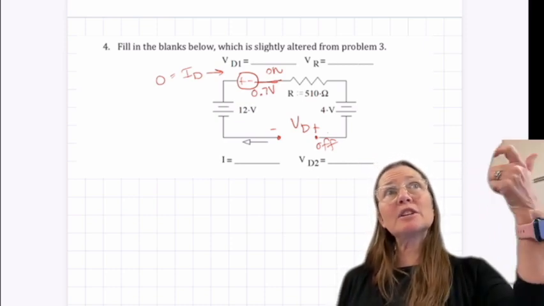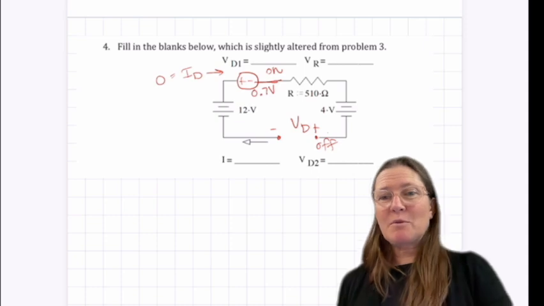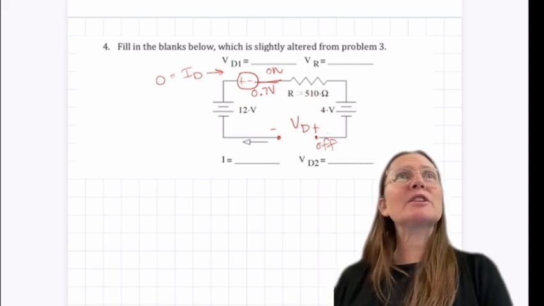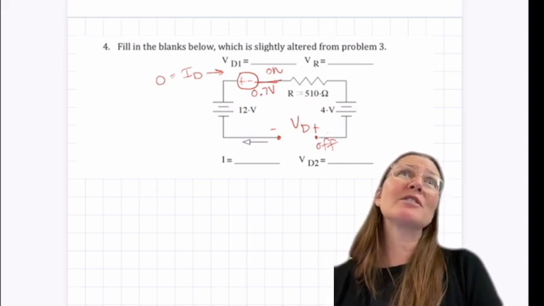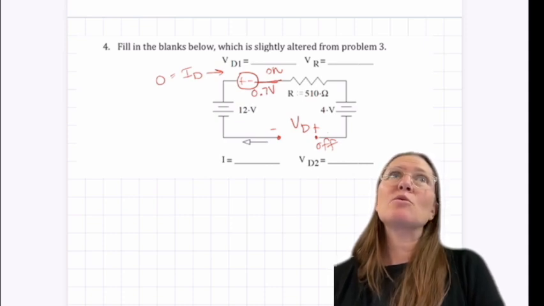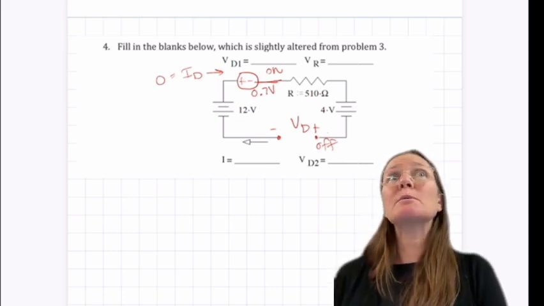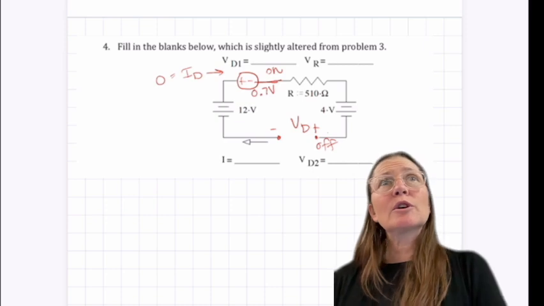If you find that VD is less than 0.7, then that one would be verified as off. And then that'd be a wire. Or like, what do you mean a wire? It would be an open, so current would still be 0 in that one too.